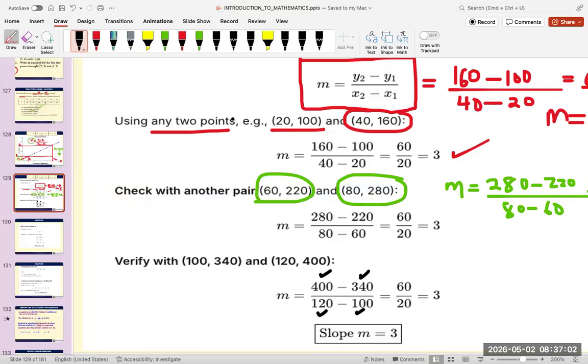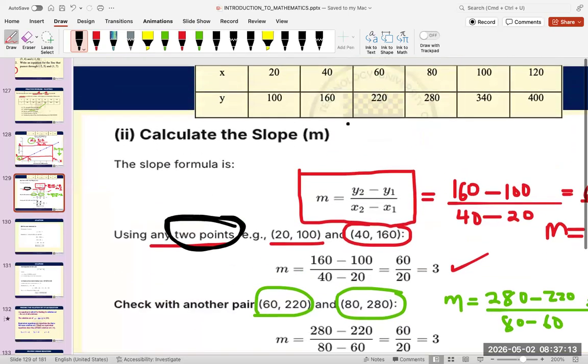The question is you choose 2 points, not two numbers. Two points, not two numbers. So a point is X and Y. So this is a point. This is a point. So you choose 2 points.